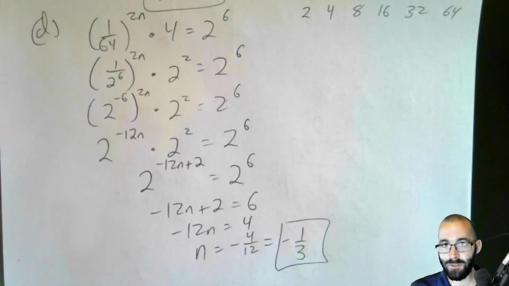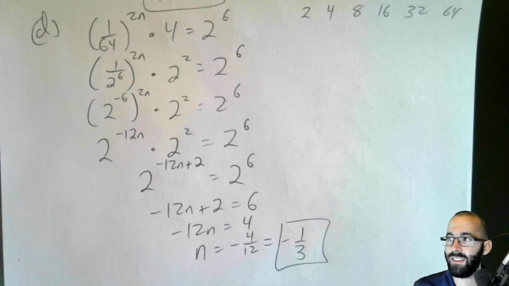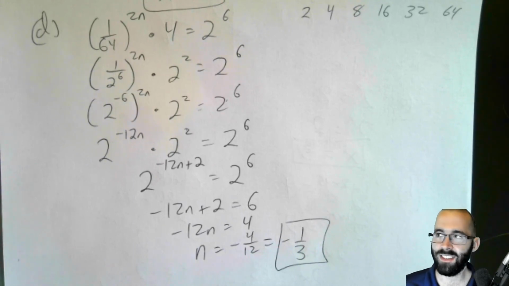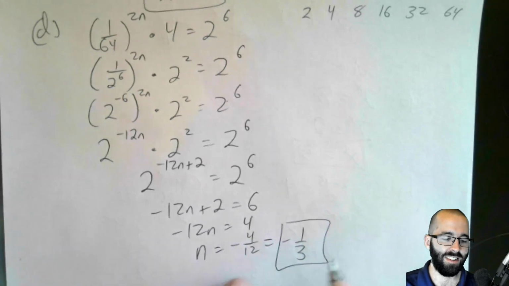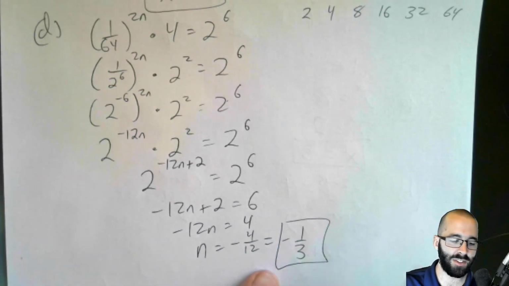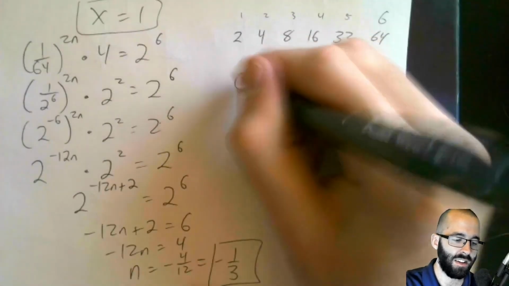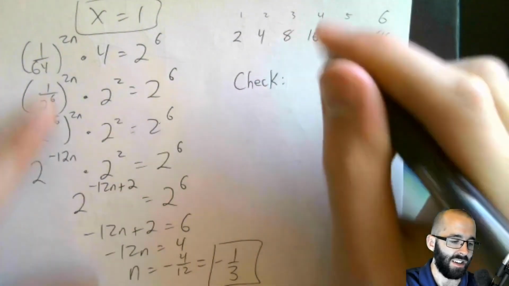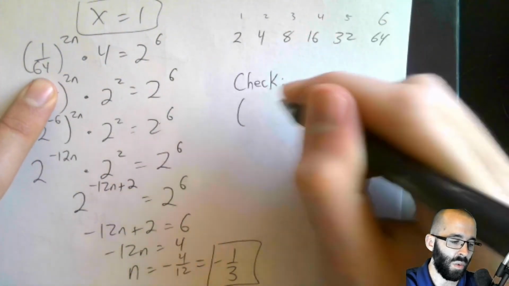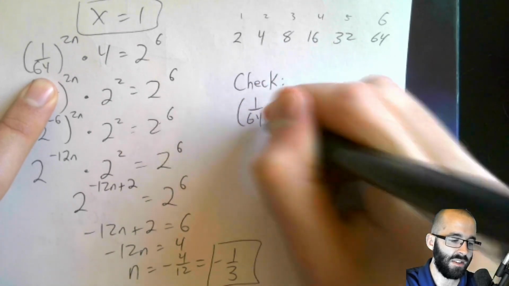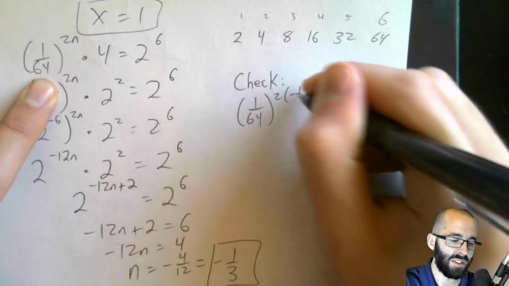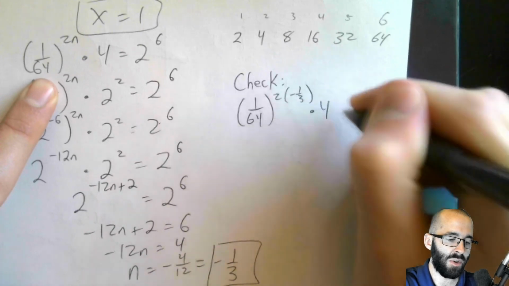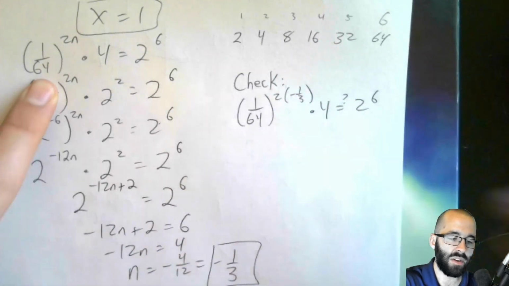But don't take my word for it. Let's check our answer, make sure we're right. So this one especially, let's check our answer with a calculator, right? So is 1 divided by 64 raised to the 2 times negative 1/3 times 4 equal to 2 to the 6th power?